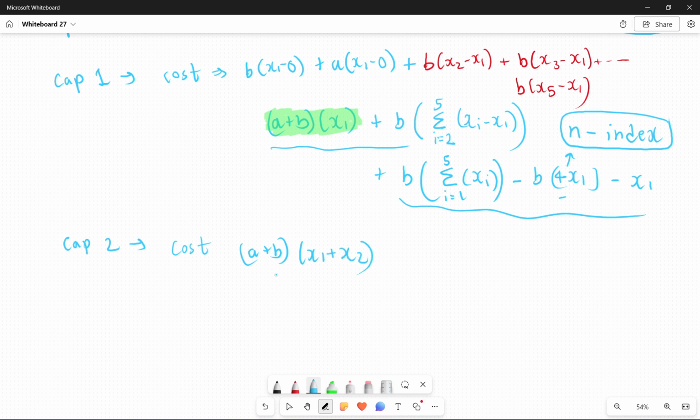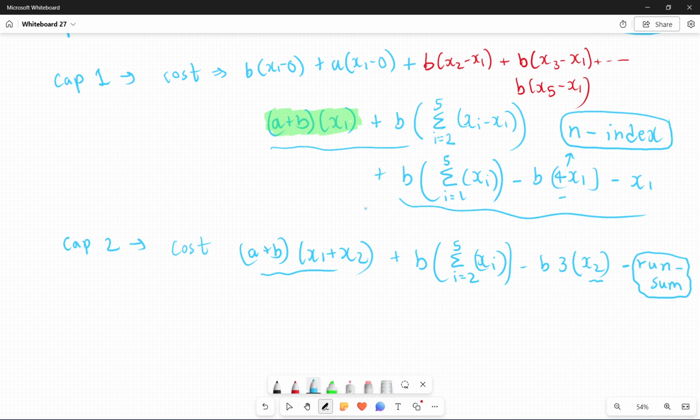Then again b into the sum over i equal to 2 to 5 of xi, minus b into 3 into x2 here. Remember you have moved the capital to x2, and again you have to negate the running sum here. Why running sum? The running sum is the prefix sum of that thing.